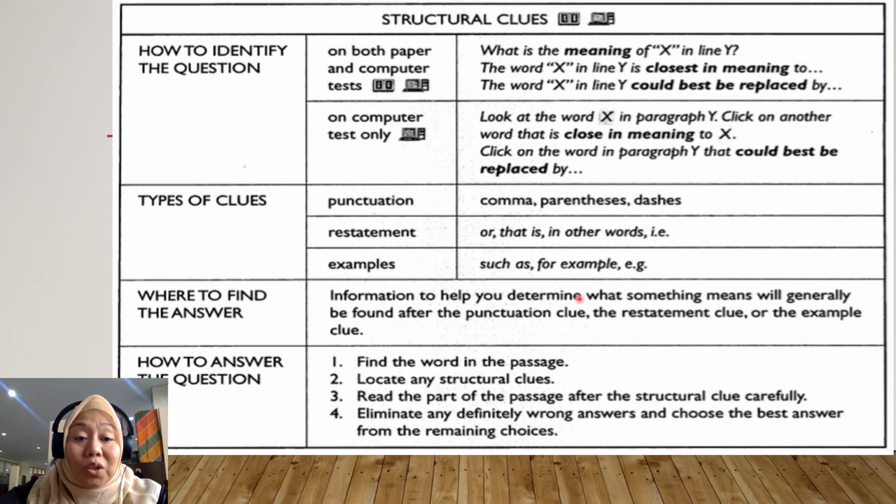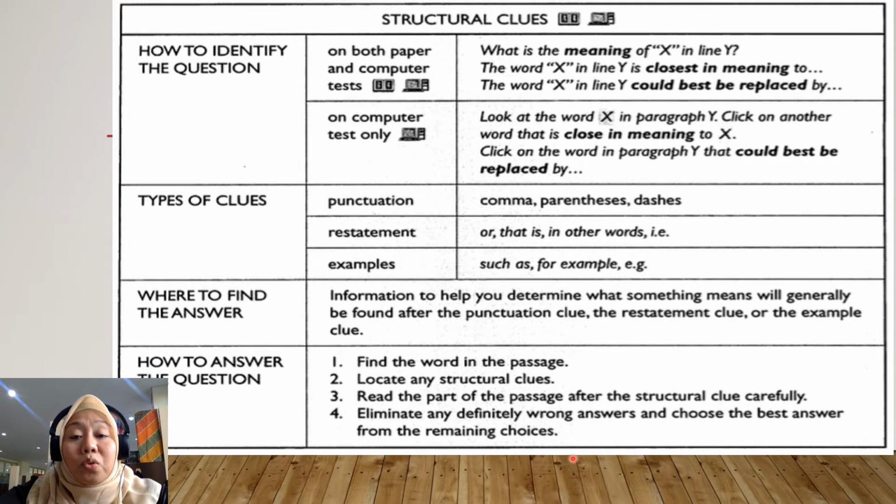Yes, these are the clues. So, where to find the answers? Of course, the information to help you determine what something means will generally be found after that punctuation, the restatement clue, or the example clue.